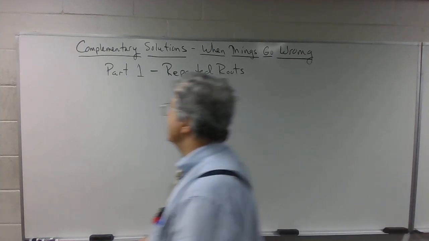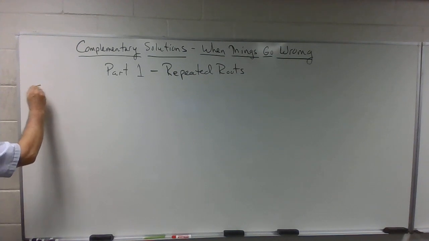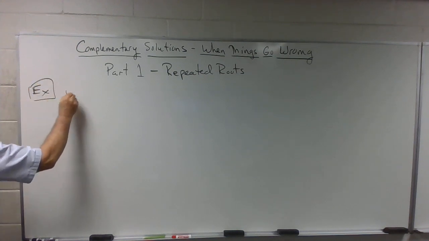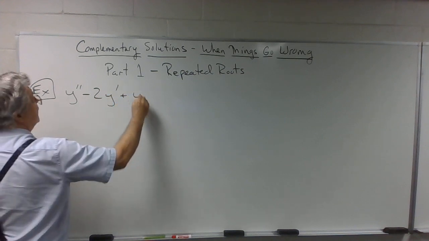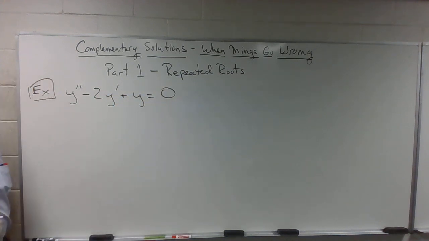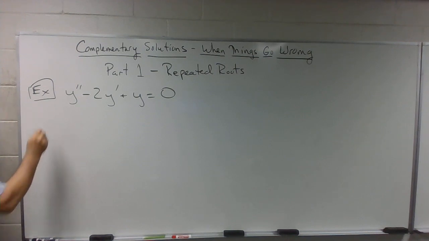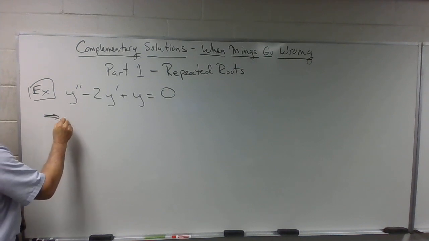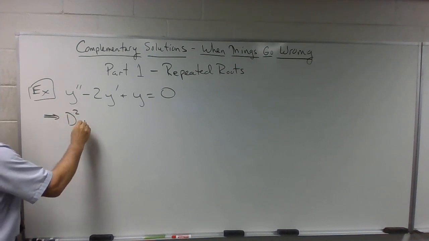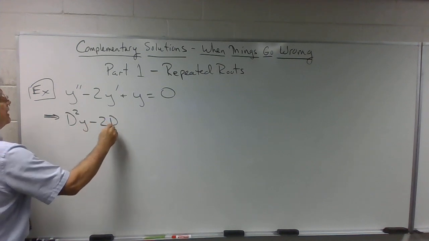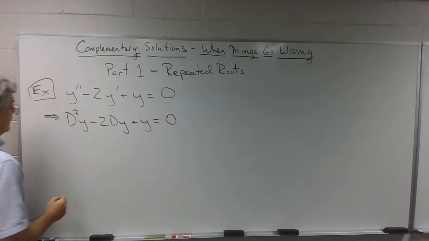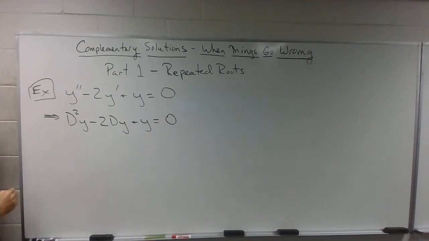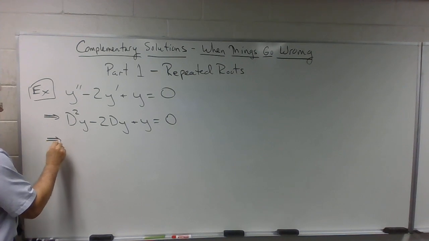Now, let's look at an example. Here's our complementary equation. The first thing we do is write it in operator notation: the second derivative of y minus 2 times the first derivative of y plus y equals 0. Then we factor out the y.